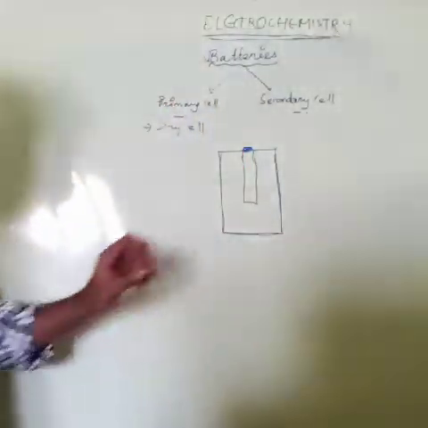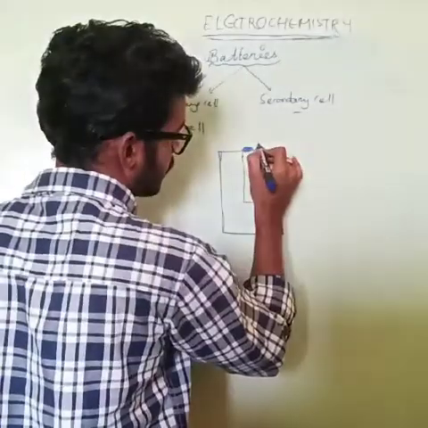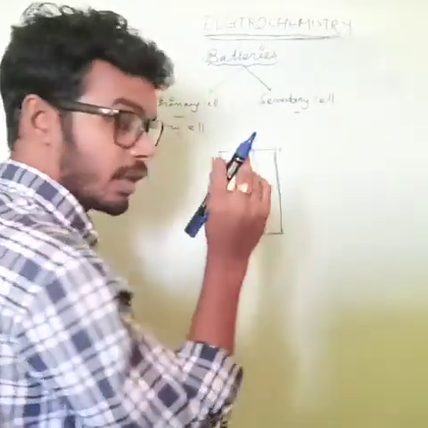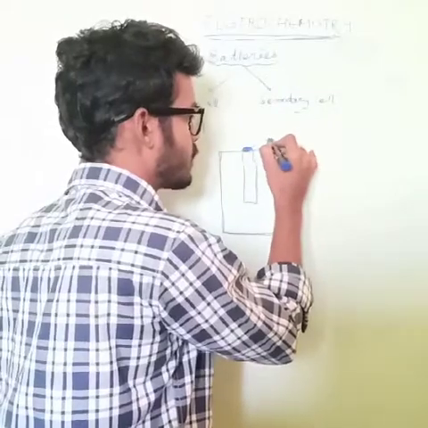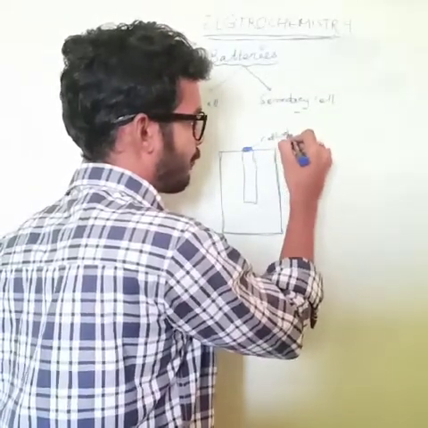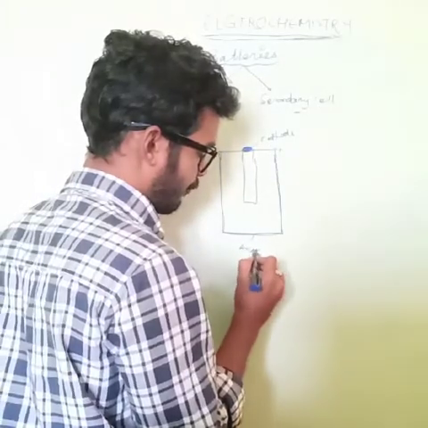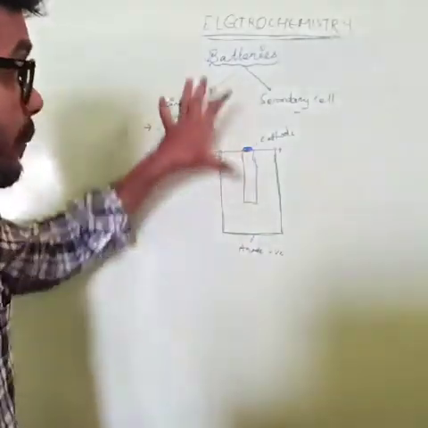Suppose this is a cell, and you all know this top part is positive. If you rotate that, you will get to know this side is positive and this is cathode. The end part will be your anode or negative. So this is the primary cell.